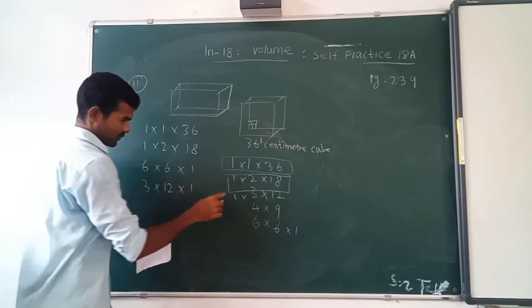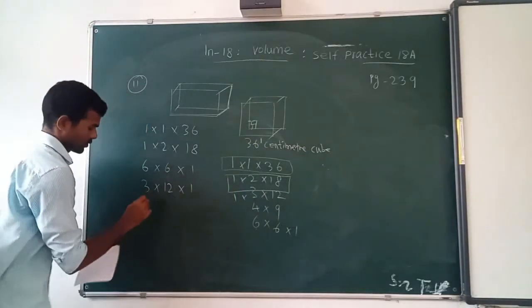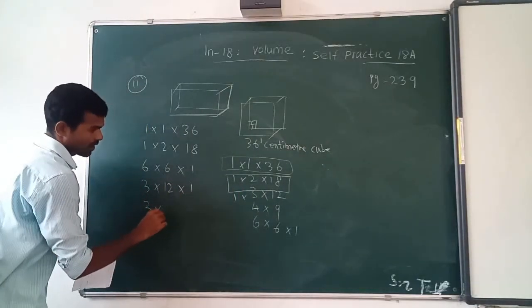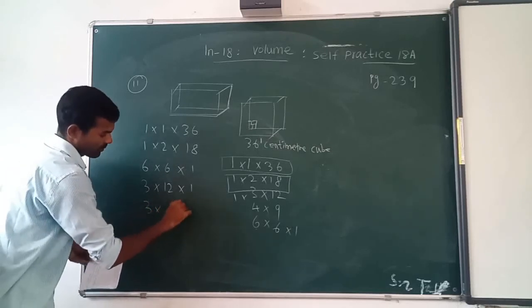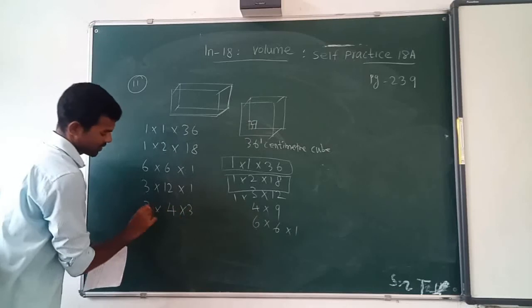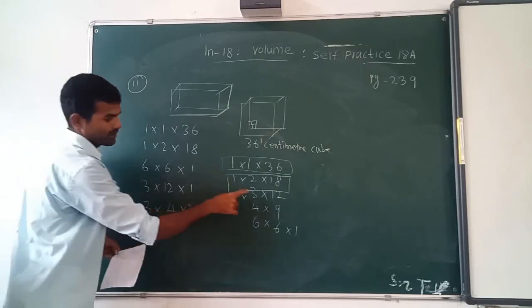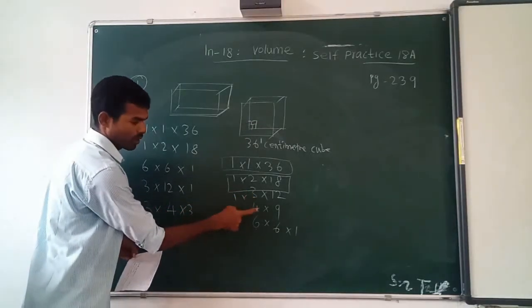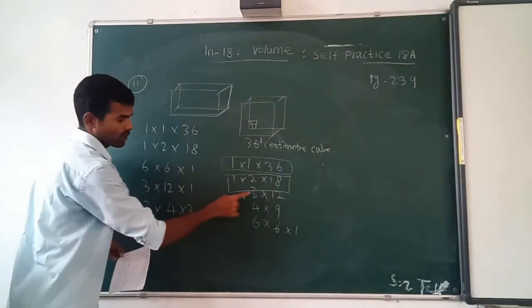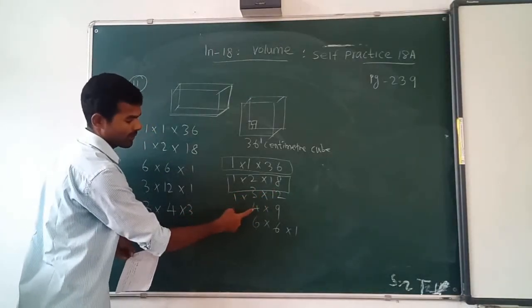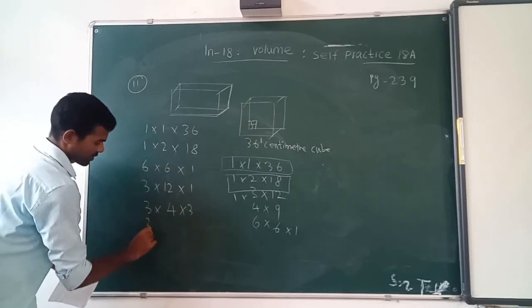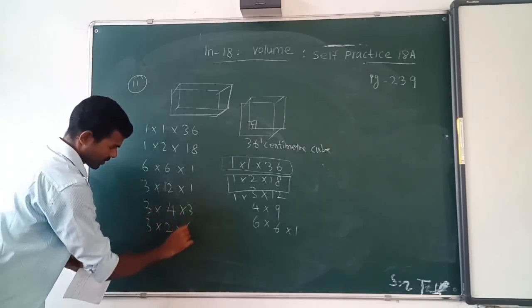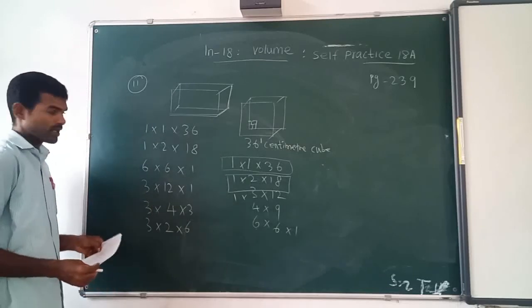And 3 multiply 4 is 12, and 12 multiply 3 is 36. So 3, 4, 3 also works: 3 multiply 2 is 6, and 6 multiply 6 is 36.